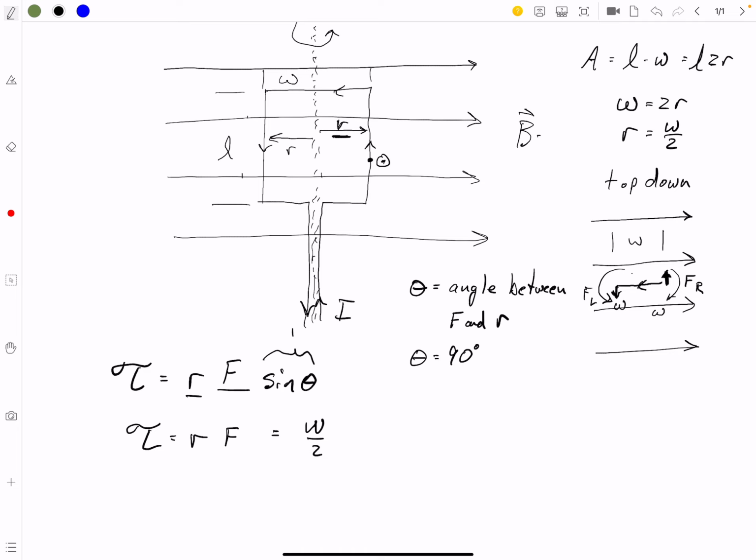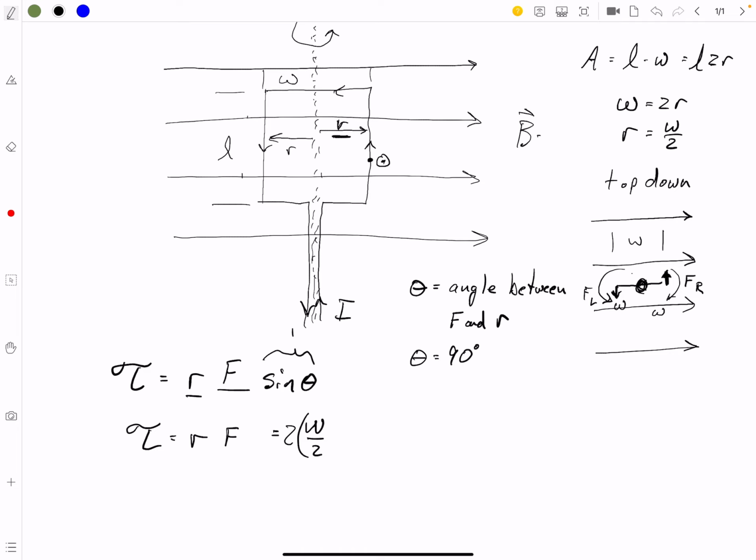And our torque is about this center. So our torque is actually 2 times F right and F left because they're equal. So F right is equal to F left.